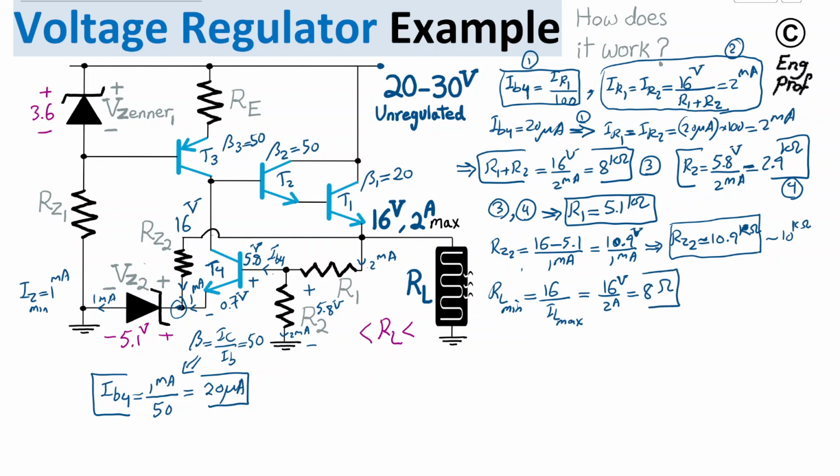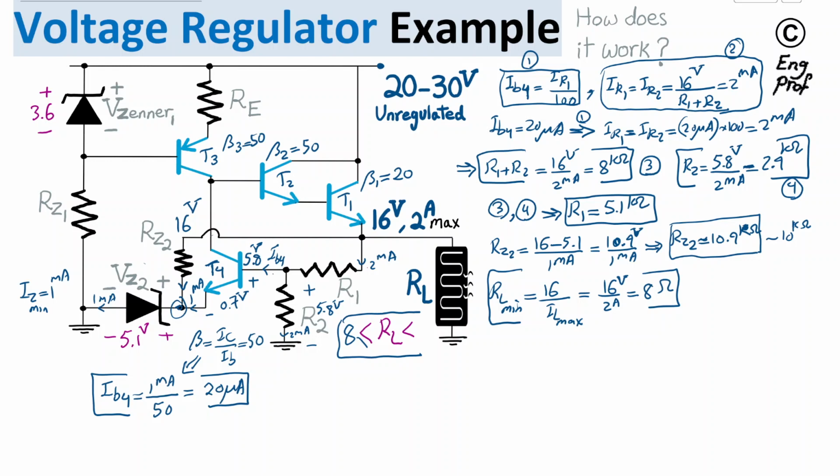So the minimum acceptable load that we can put at the output of this circuit is 8 ohm. So load should be greater than or equal to 8 ohm. Okay, that's about the minimum load.